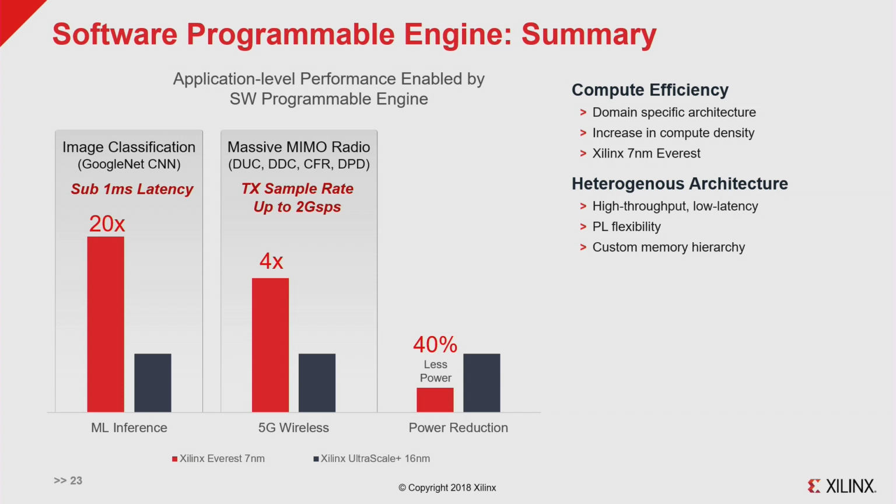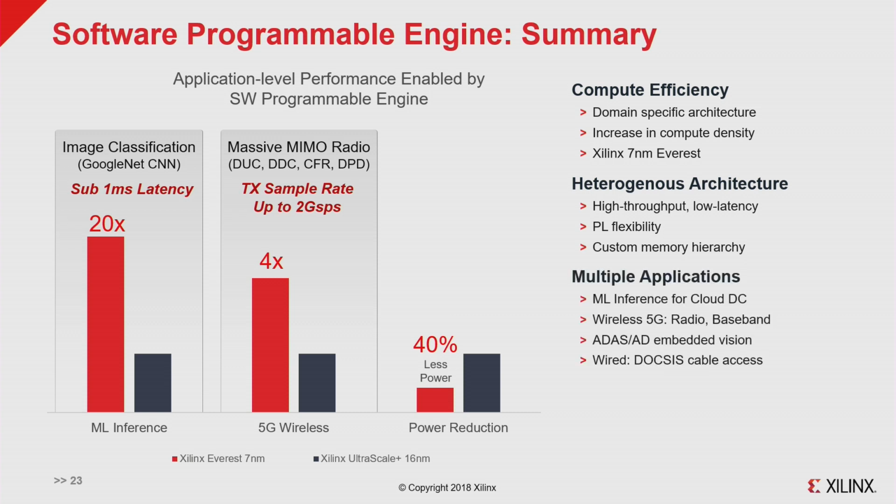It includes the high compute of this software programmable engine integrated with the flexibility of the traditional FPGA fabric. It's being targeted for multiple applications today, and I've shown you the 2 key drivers, machine learning inference and 5G wireless, but there are also automotive and cable access. This architecture hopefully will be used.